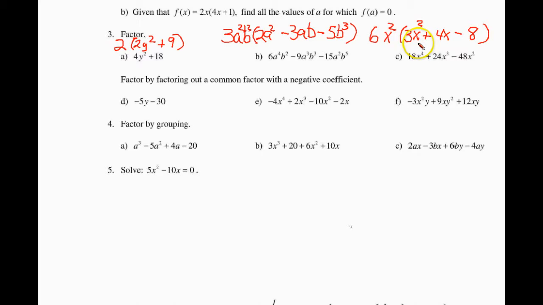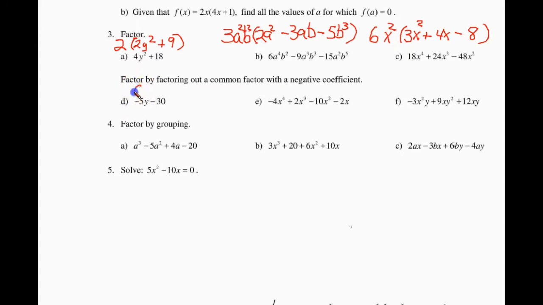Okay. Now as we look at D, they're asking us to factor out the common factor, but we want it to be a negative coefficient. So I'm going to take away this because it's going to be in where I need to work. So again, we're looking for strategy here.